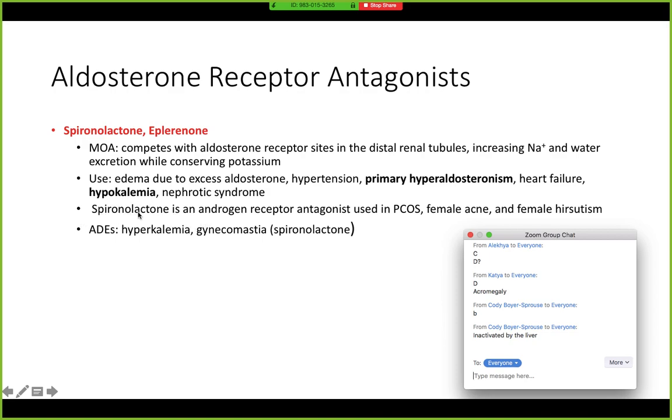And then also, this might be kind of new: spironolactone is also an androgen receptor antagonist, so it's used in PCOS, female acne, and female hirsutism. So just another use of spironolactone. And then you'll see your adverse effects of hyperkalemia and then gynecomastia, which is a big one with spironolactone.